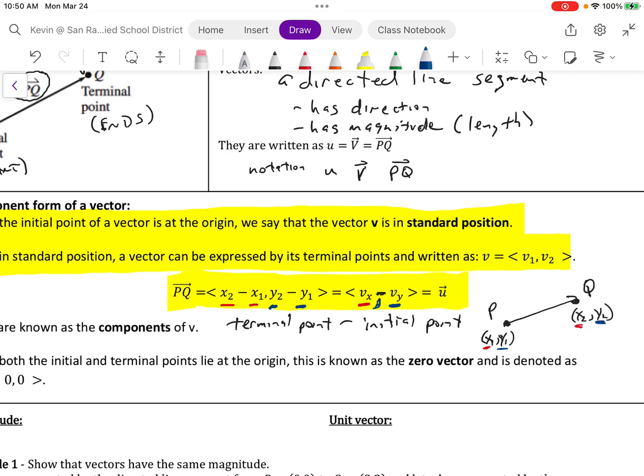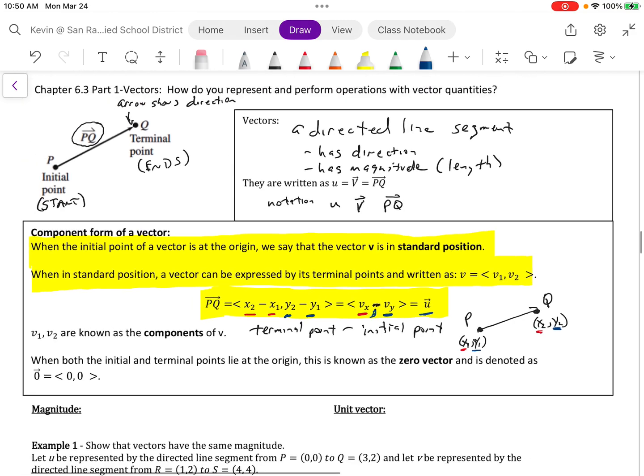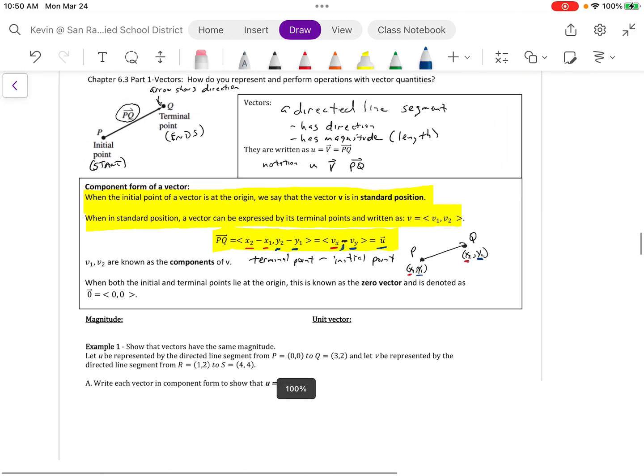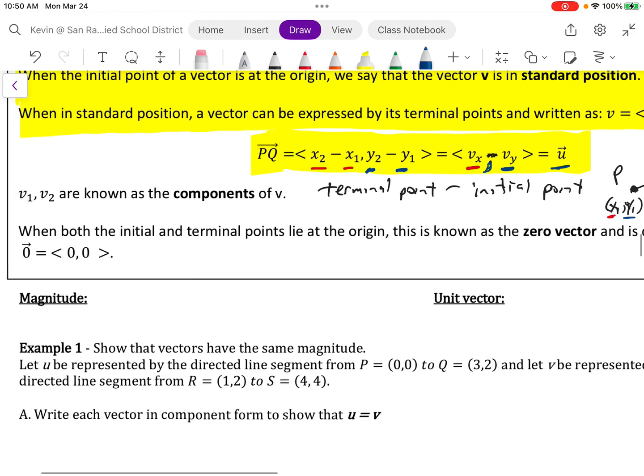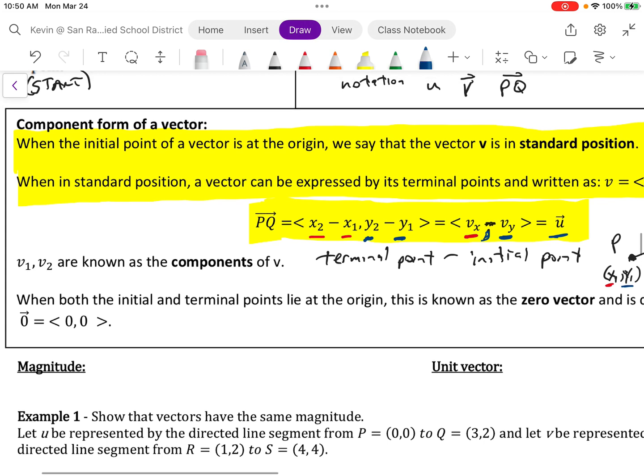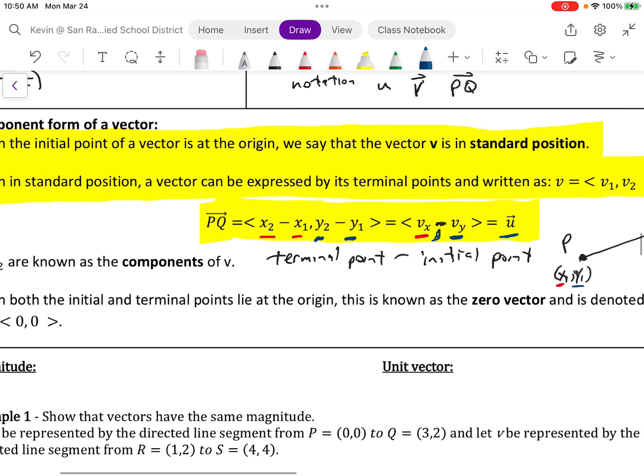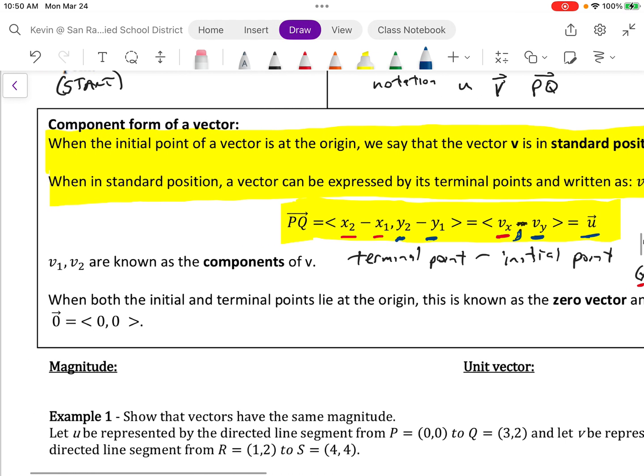We can then simplify that by just writing it as a vector. V sub 1 and V sub 2 are known as the components of V. When both the initial and terminal points lie on the origin, this is known as a zero vector.